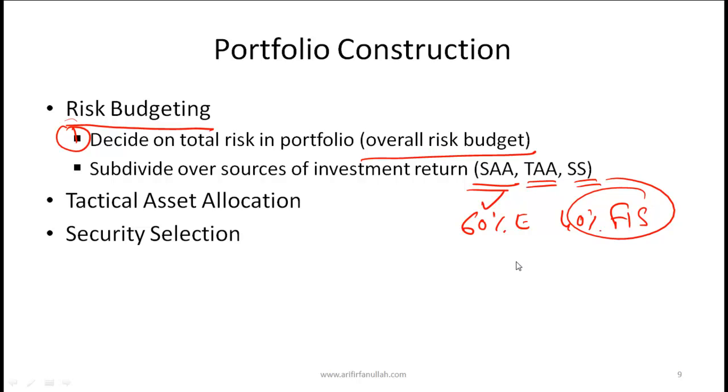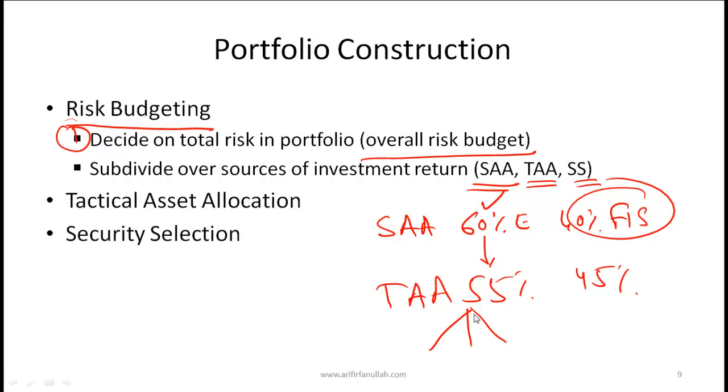So on a tactical basis, which means for the relative short term, we might reduce our weightage of equity to 55% and increase our weightage of fixed income securities to 45%. So this would correspond to our strategic asset allocation, and this tactical adjustment that we have made corresponds to our tactical asset allocation.